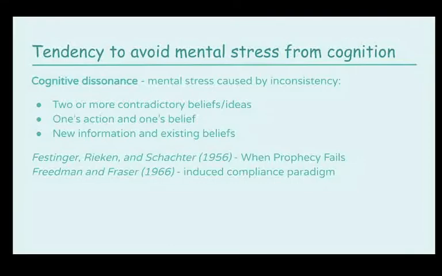This typically happens when there are two or more contradictory beliefs or ideas, when one's action and one's belief are different or inconsistent, and if there's new information and existing beliefs are inconsistent.